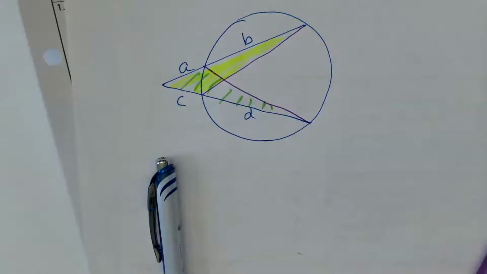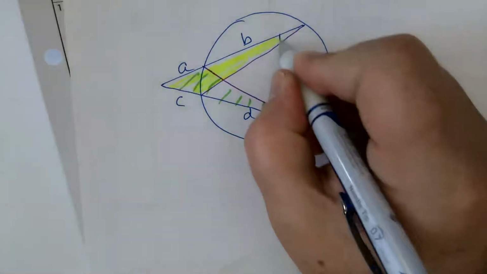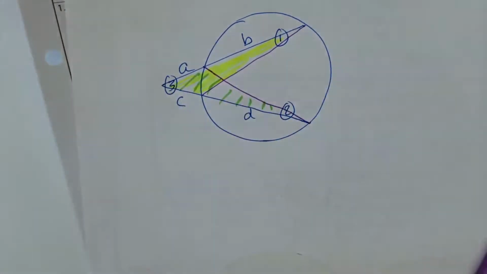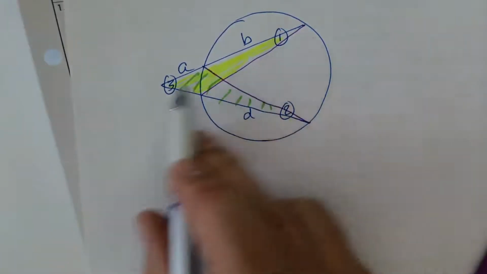What should you be looking for to decide if anything's true about these 2 triangles? Congruent angles, congruent sides. Do you see any angles that are congruent? Which ones? One, 3, 2.